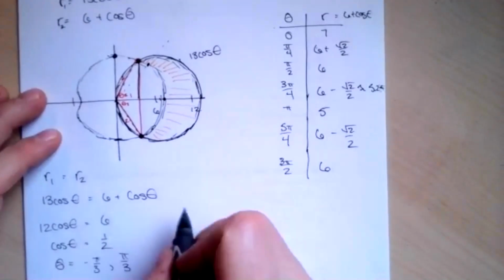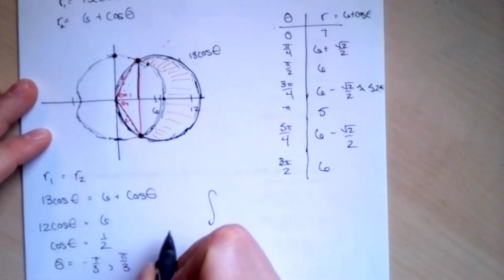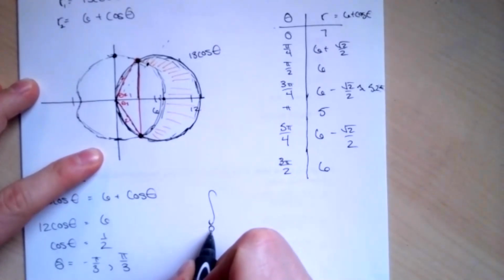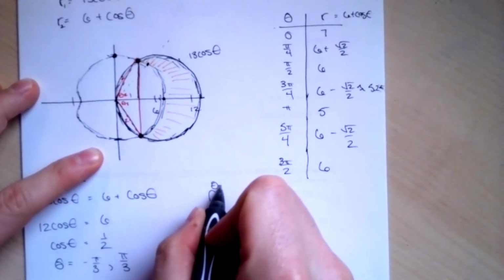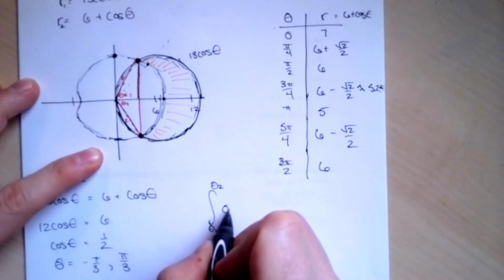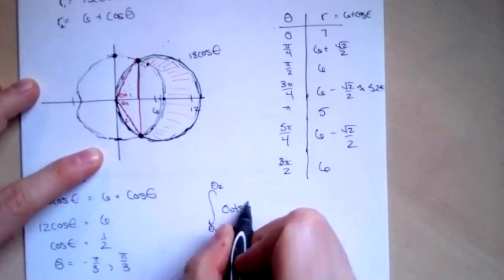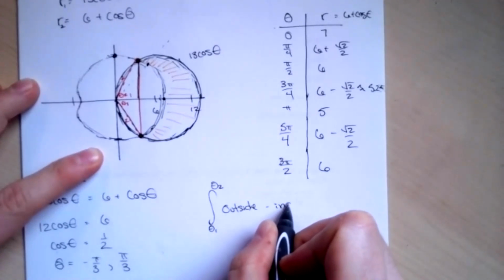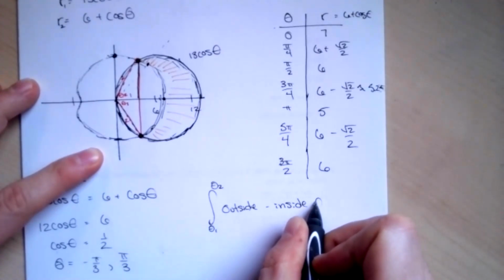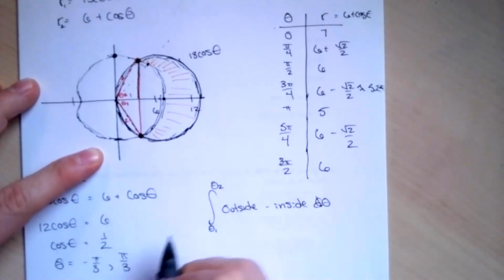Now we want to set up our integral between theta 1 and theta 2. And it's always going to be the outside minus the inside d theta.